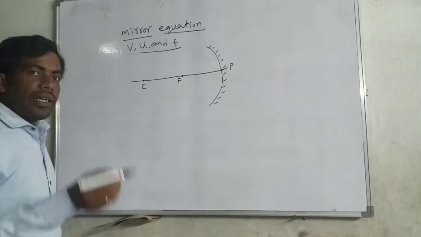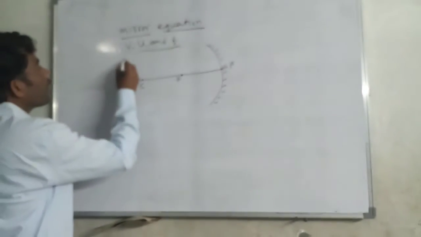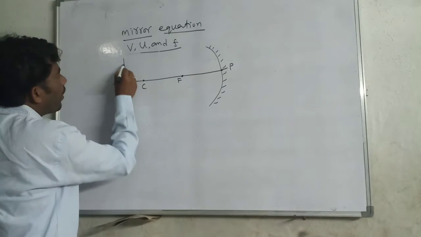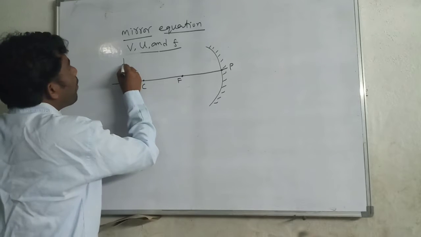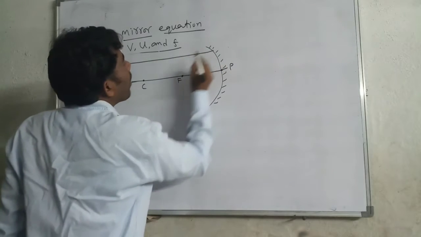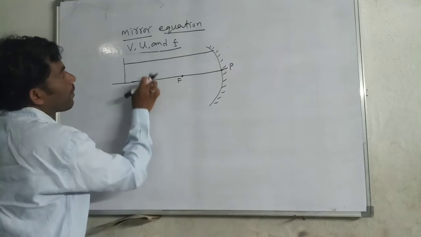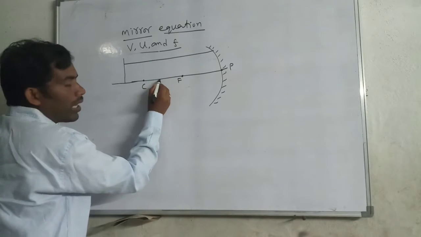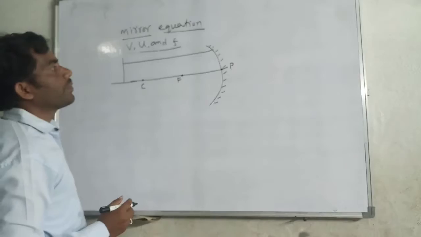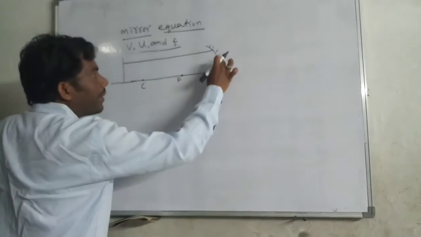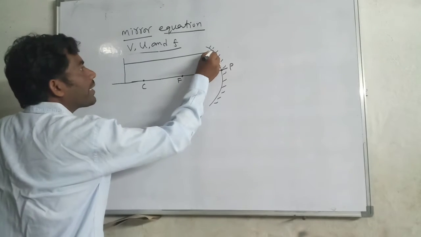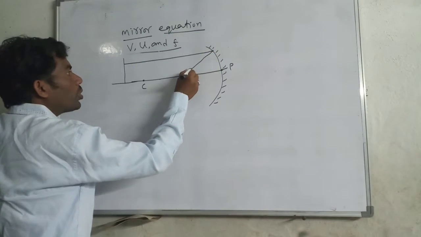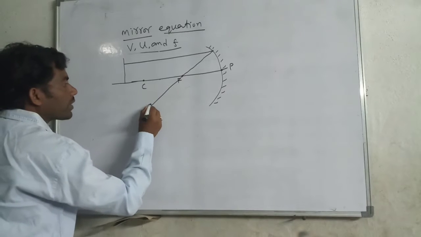If the ray emerging from the object A is traveling parallel to the principal axis, then it is incident on the mirror, reflected, and goes through the focus.